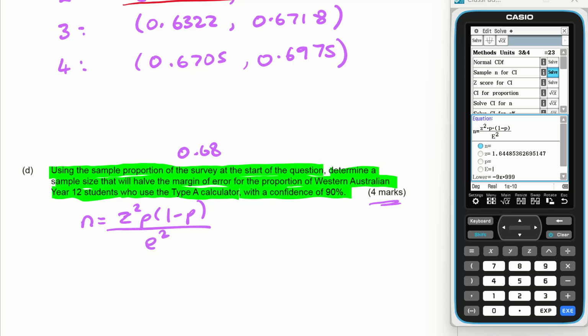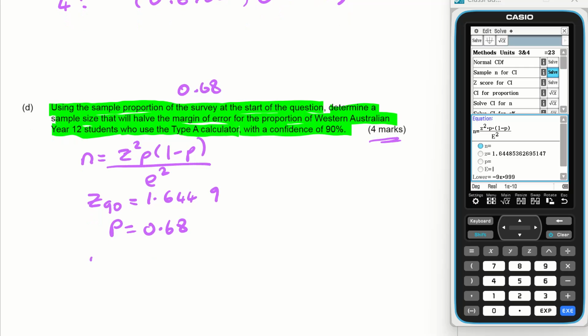And let's write down some values. So Z90 is 1.6449. P is equal to 0.68. And the E would be 0.0201 divided by 2, which is 0.01005.